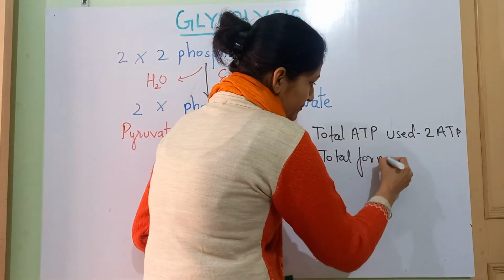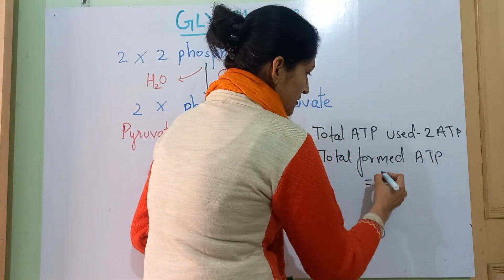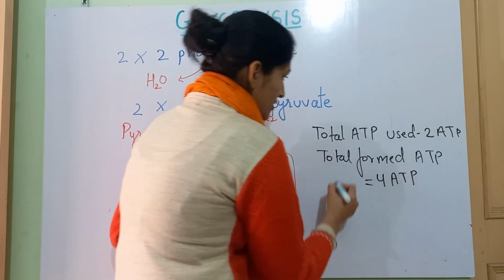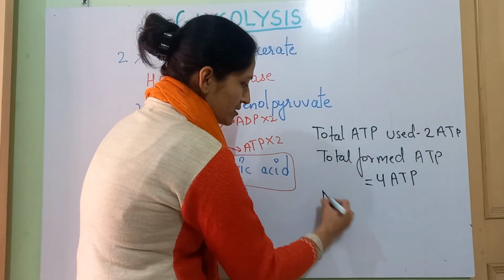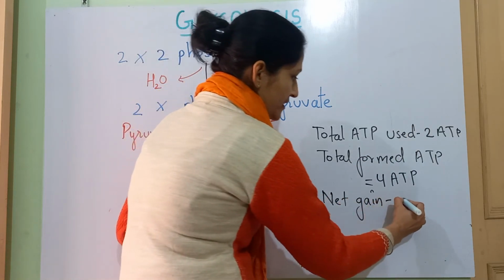So total ATP formed during glycolysis is 4 ATP. Out of 4, 2 are used. Net gain of ATP is 2 ATP.